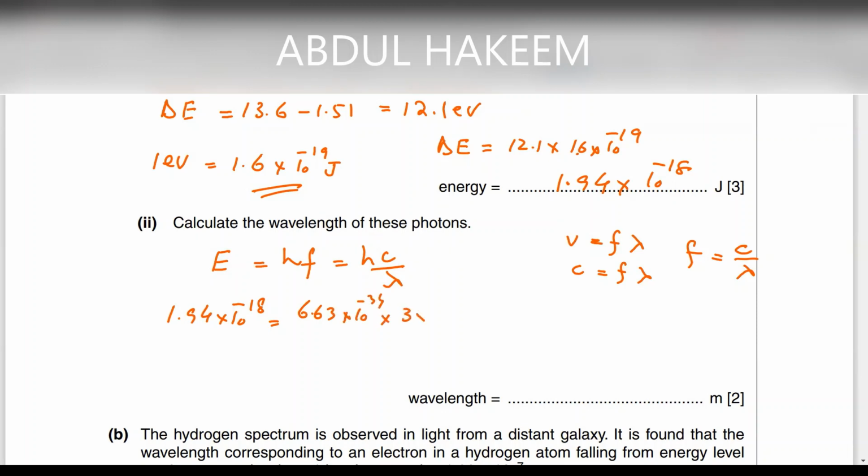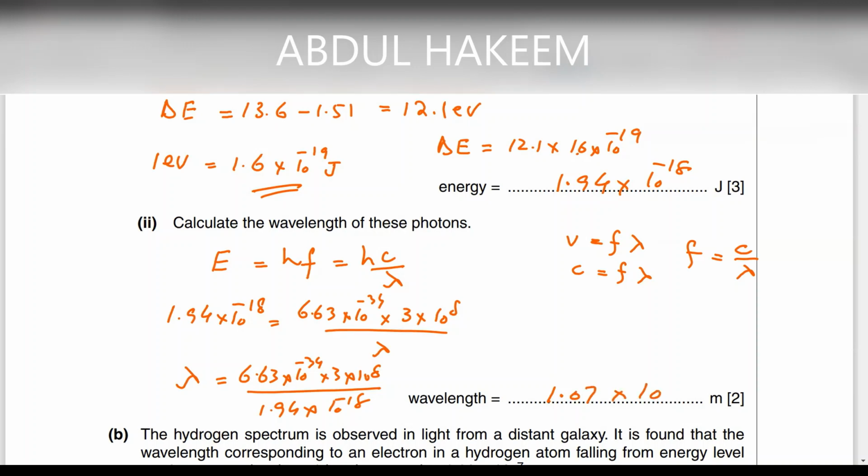The speed of light is 3 into 10 power 8, divided by lambda. So the wavelength is 6.63 into 10 power minus 34 times 3 into 10 power 8, whole divided by 1.94 into 10 power minus 18. And after calculation, the answer is approximately 1.07 into 10 power minus 7.